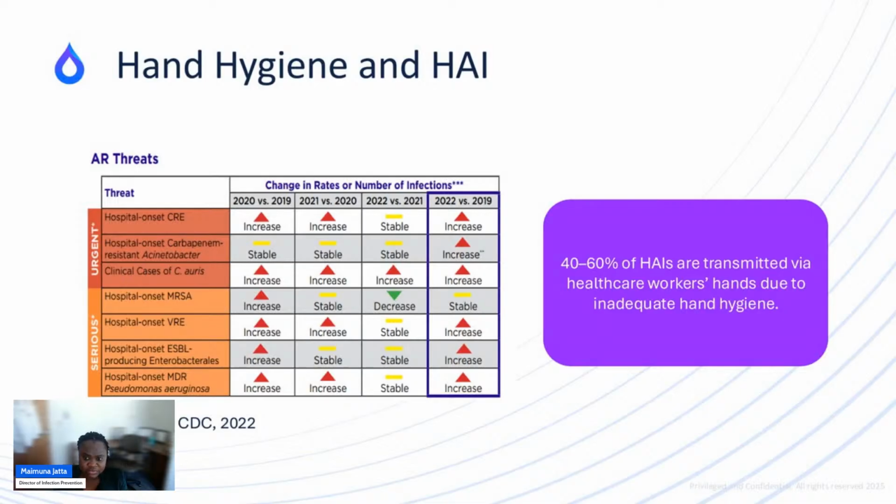And we have the means and the capacity to improve hand hygiene compliance and prevent these infections. Every missed opportunity increases the risk of spreading resistant organisms in the healthcare setting as well as between patients. So improving hand hygiene compliance directly reduces transmission of MDROs, making it a simple but very powerful step to improve patient safety when you think about it in the global scheme of things.